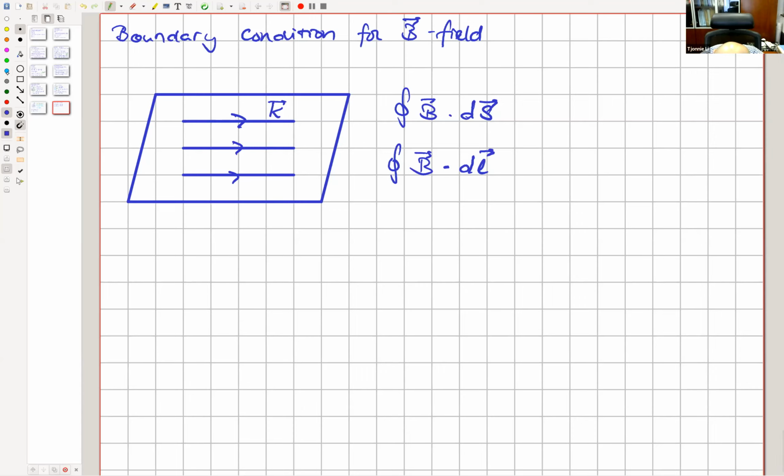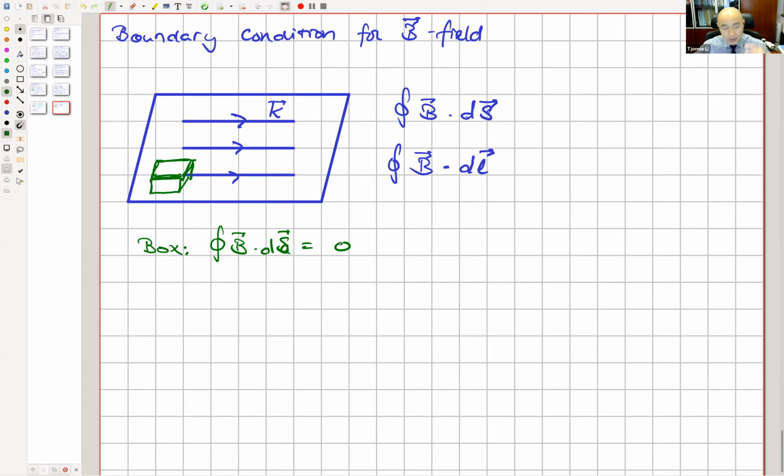So let's consider again some box that I'm drawing like this. For the box, I know that the integral of B dot dS equals 0.